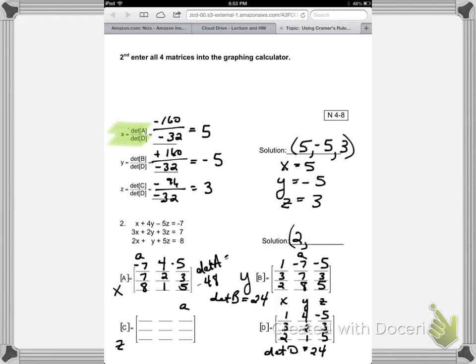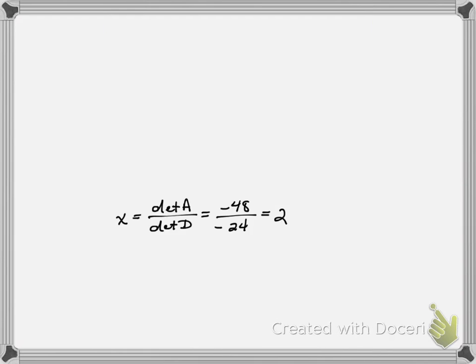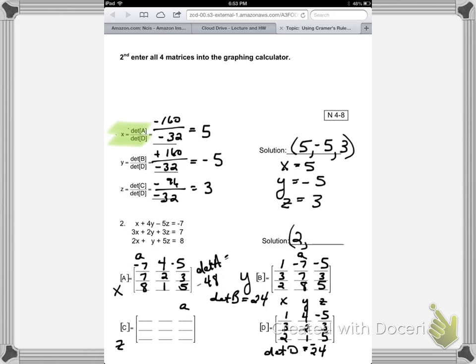This should be negative 24. Sorry. Now let's go over here and find y then. That's going to be the determinant of B over the determinant of D, which is 24 over negative 24, or negative 1. So negative 1 is y.